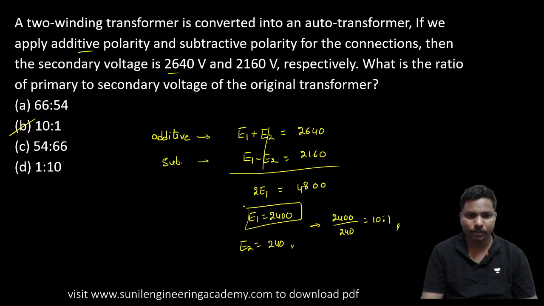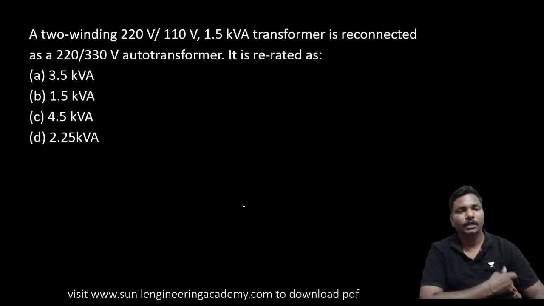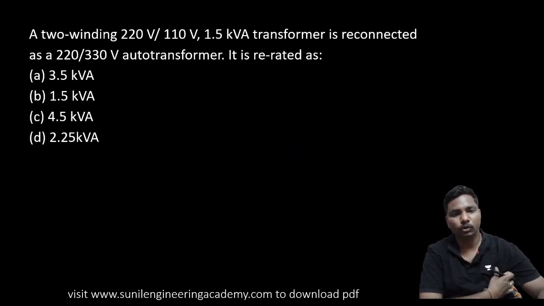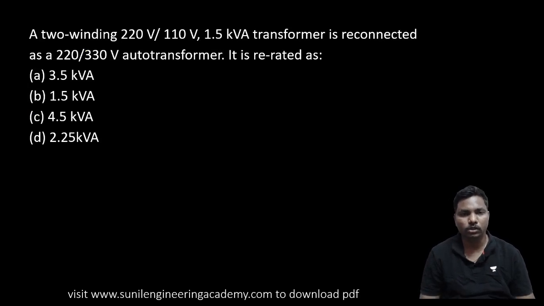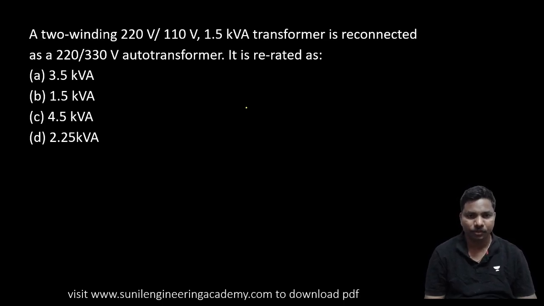Okay, coming to the next question, guys. A two winding 220 volts to 110 volts 1.5 kVA transformer is reconnected as a 220 by 330 volt autotransformer. Then it is re-rated as? We know very well the kVA rating.